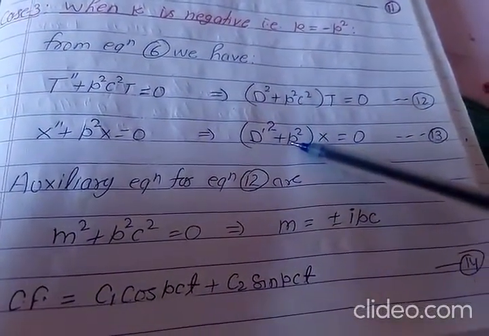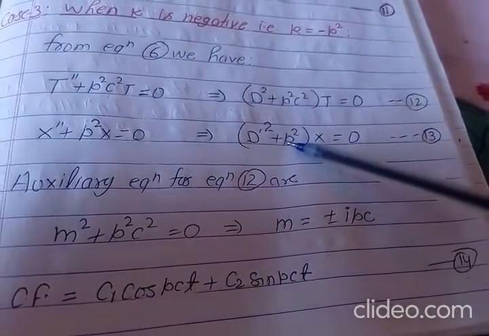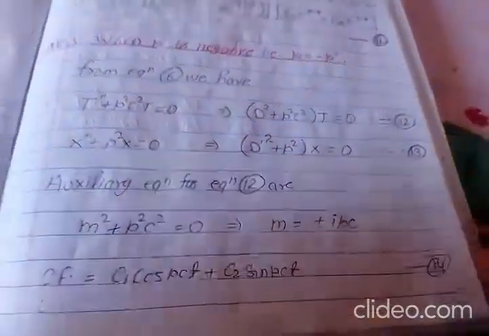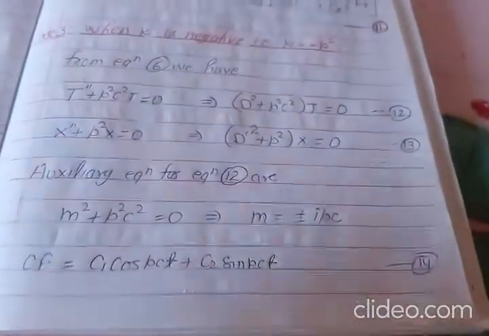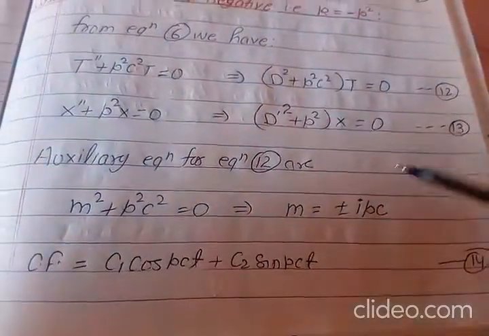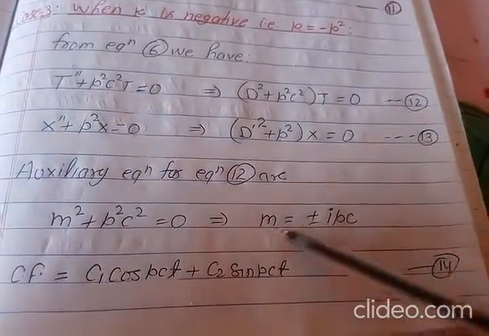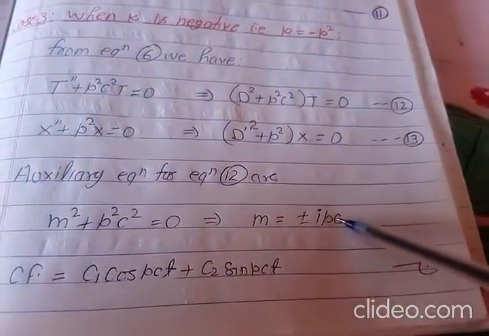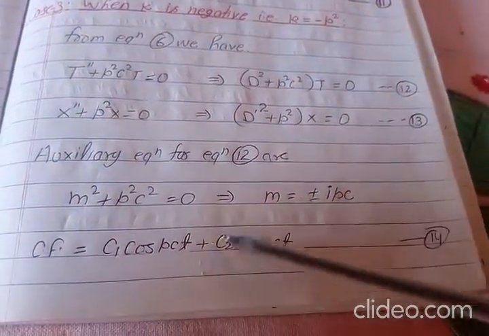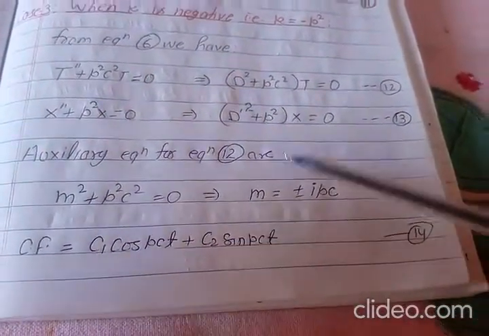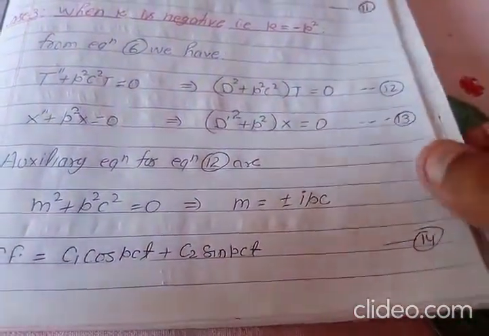This is also a differential equation with constant coefficients, so we will find the auxiliary solution or CF value for the same as we have done in the second case. For equation 12, here we will find the value of m is equal to plus minus ipc, which is imaginary. Then the complementary function will be of the type c1 cos pct plus c2 sin pct.